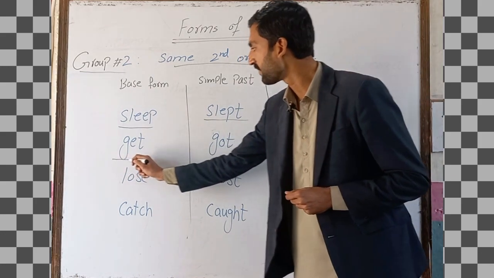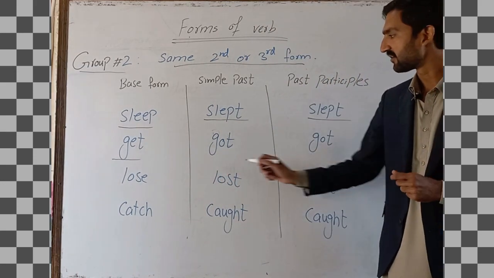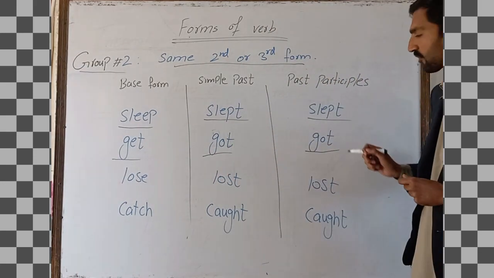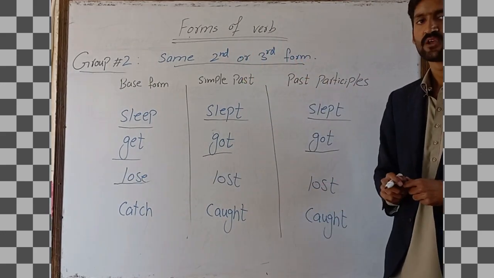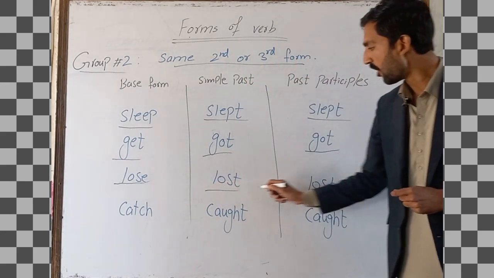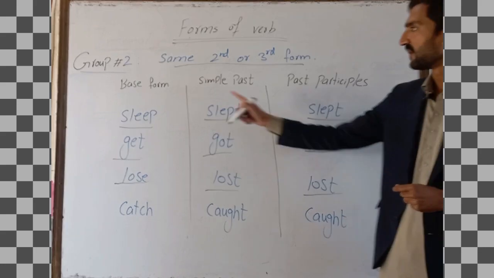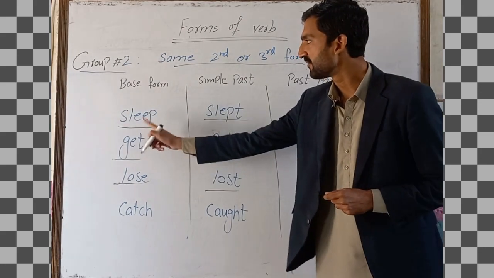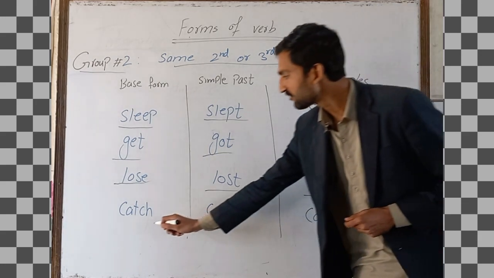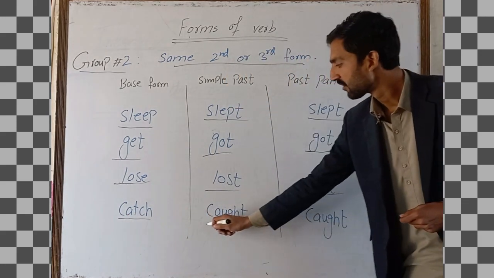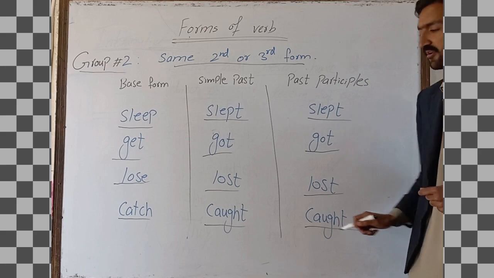Next we have the example get, got, got. Then we have lose, lost, lost. First the base form is different, but the next two forms are the same. Next we have catch, caught, caught.